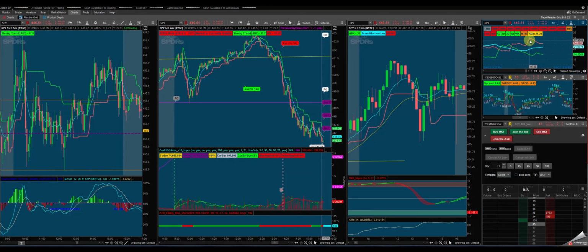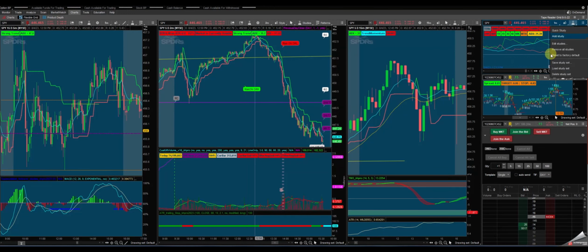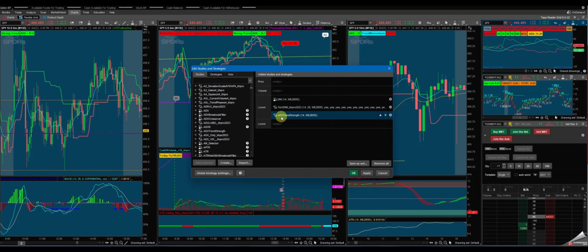Now, if red is on top of green, it's a bearish trend. If green is on top of red, it's a bullish trend. Like it's been bearish for quite a bit. But here's a bullish trend here. And then this blue line is just a custom study I threw on, the ADX trend strength.